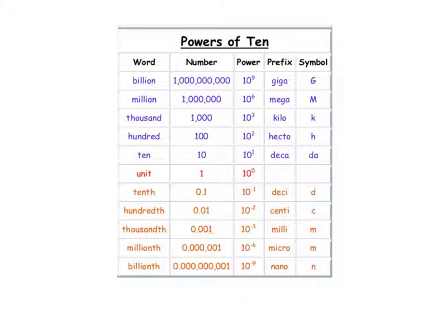And notice that the 1 is 3 places to the right of the decimal, 10 to the negative 3. 1/1,000,000th is 6 places to the right of the decimal, 10 to the negative 6. And 1/1,000,000,000th is 10 to the negative 9th. So that's where your negative exponents come in. Negative exponents are used to write numbers that are very, very small, smaller than 1. Notice all of these numbers are smaller than 1.